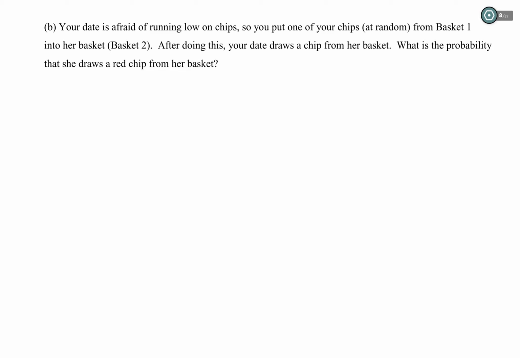This one's a little trickier. We got, again, 2 baskets, basket 1 and basket 2. Hopefully you've read through the problem. Again, basket 1 has 15 reds and 20 greens. Basket 2 has 4 reds and 6 greens.